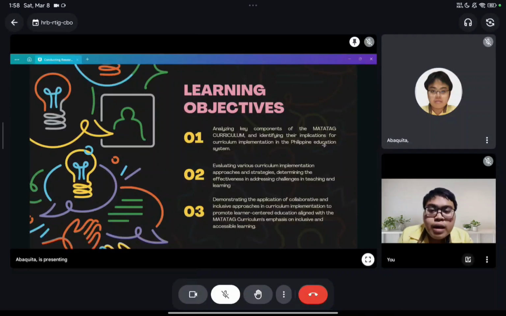Second is evaluating various curriculum implementation approaches and strategies, determining the effectiveness in addressing challenges in teaching and learning. And the last one is to demonstrate the application of collaborative and inclusive approaches in curriculum implementation to promote learner-centered education, which is aligned with the MATATAG curriculum's emphasis on inclusive and accessible learning. And those are the learning objectives.